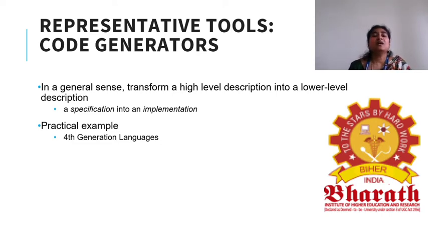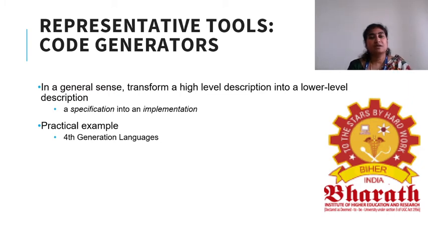So when the requirement specification is made in a formal way, it can be easily converted into the lower level description. A specification can directly be transformed into an implementation if the specification is made in a formal way. So now we have a lot of formal methods for defining a formal specification such as Z notation, etc. So when the specification is made in a formal way, they can be directly implemented.